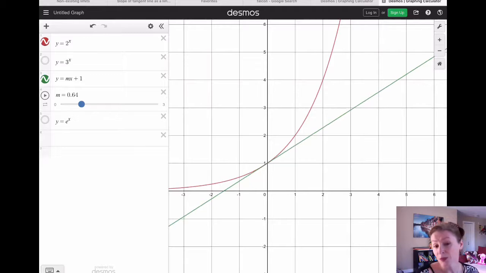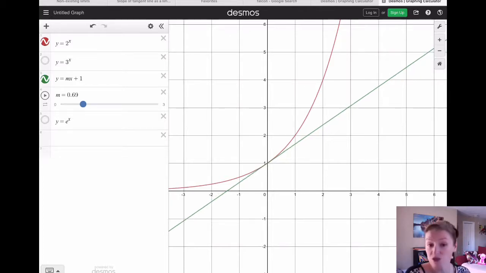So I'm simply going to slide the slope around until I can be fairly certain that I have approximated the slope to be something. So I would say that this looks like a pretty good approximation of the tangent line at 1. And so my slope there is approximately 0.69.